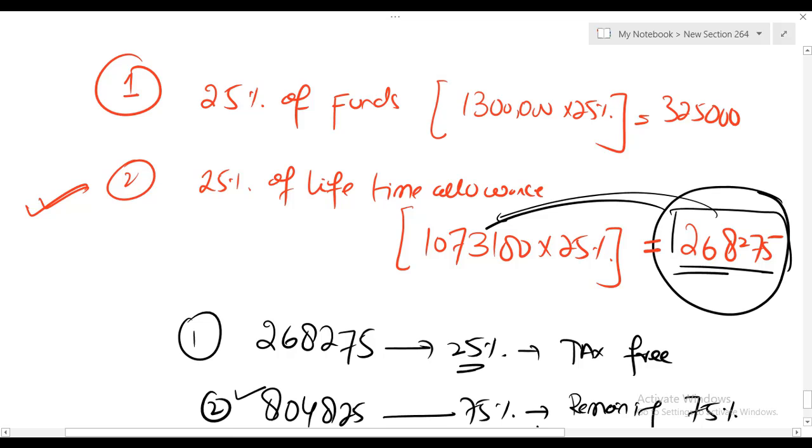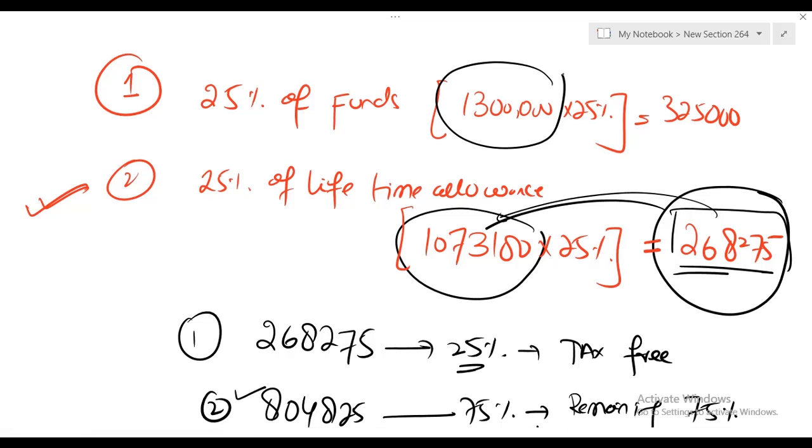So what is the rule for the excess amount? Because the lifetime allowance limit in this question is lower than the funds available. This individual is actually going to get 1.3 million. So the question is, sir, you have explained everything relating to the lifetime allowance, but you did not tell us anything about this excess amount.